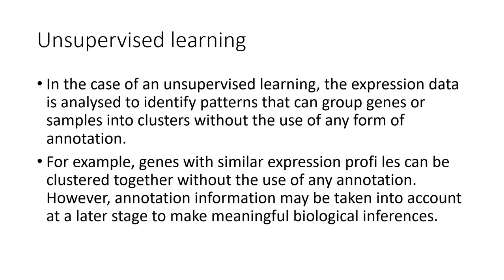Any predefined information should not impact the output. Suppose you already know this belongs to cancer cells, then we are not going to do any analysis. It may impact the result.